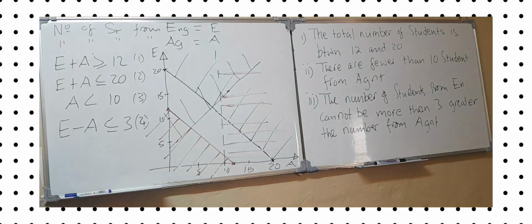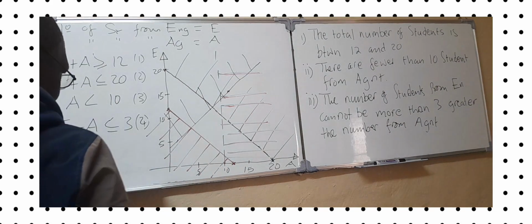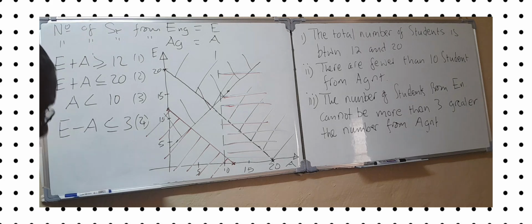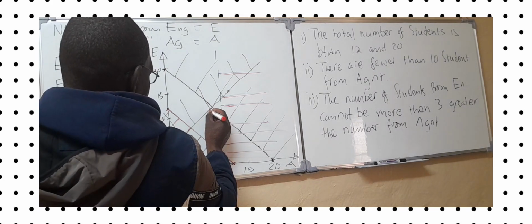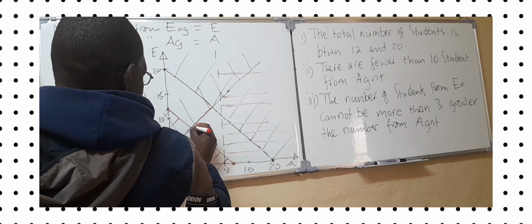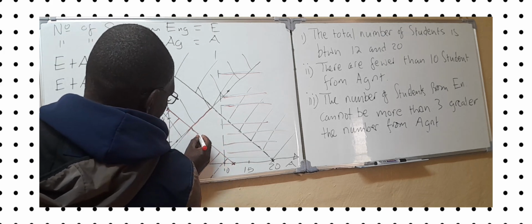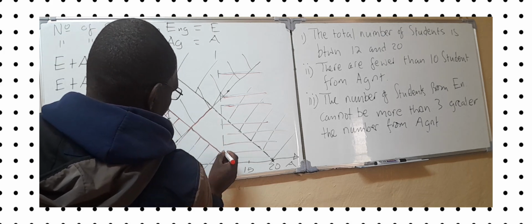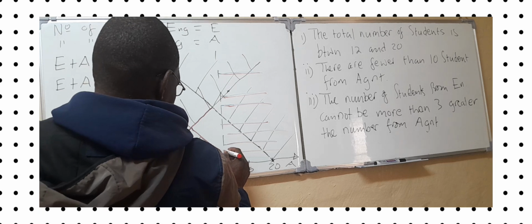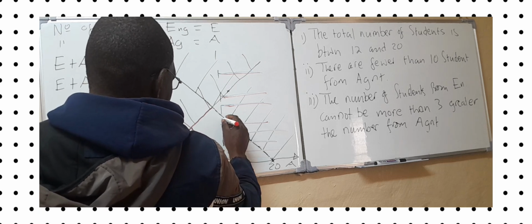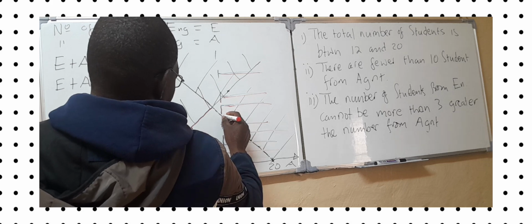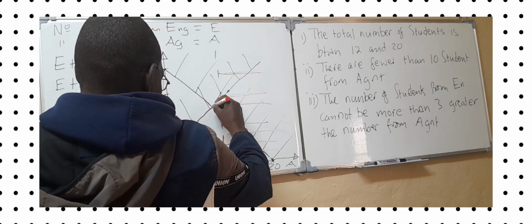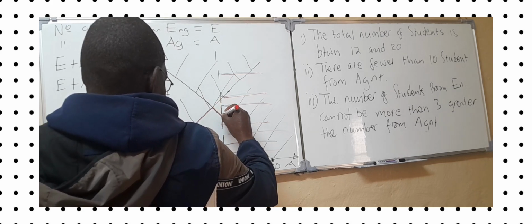Now, which region are we left with now? If you look carefully, we are here. It's this line and that line. And of course, this dotted line here. Remember, this is a broken line. We drew it broken and goes up to there and this part here.